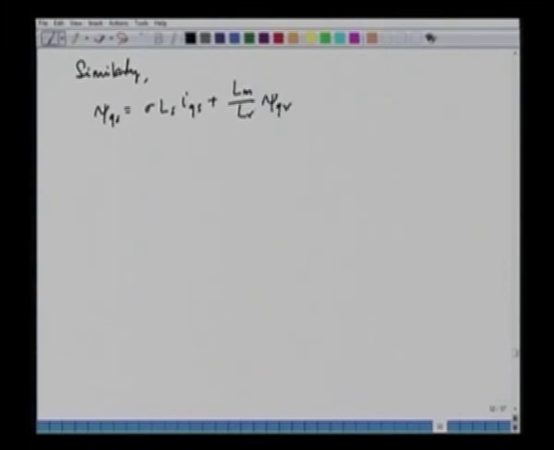So we can substitute this in the stator equations and simplify the stator equations. The stator equations that we have already written, VDS is equal to RS IDS plus P psi ds.